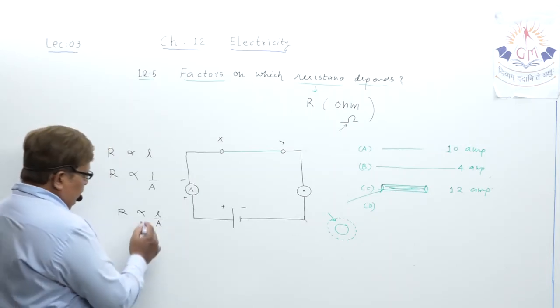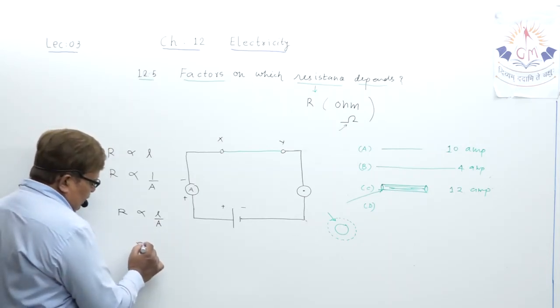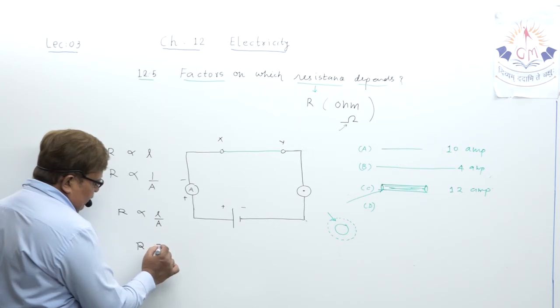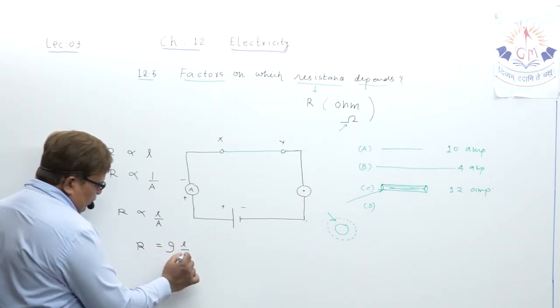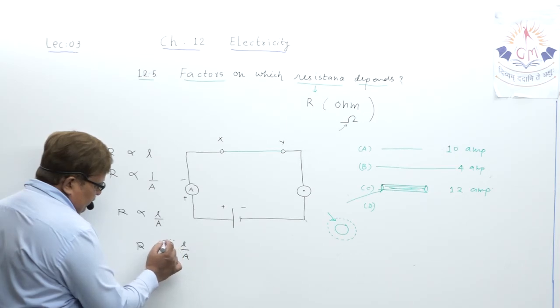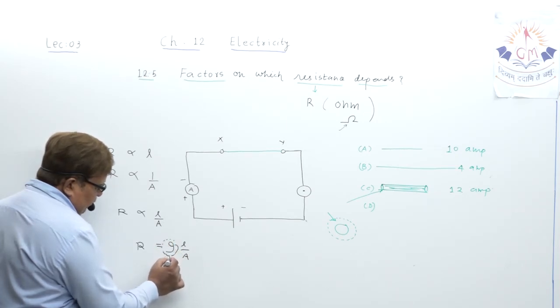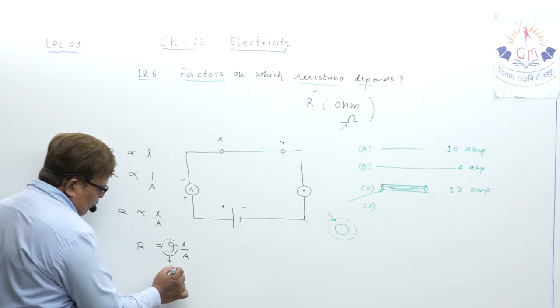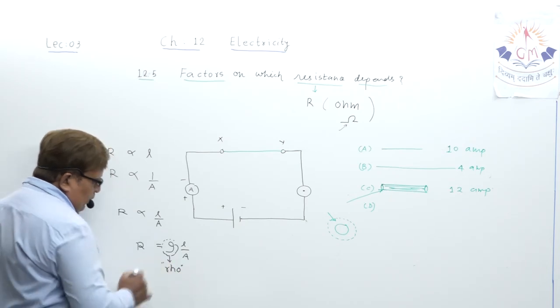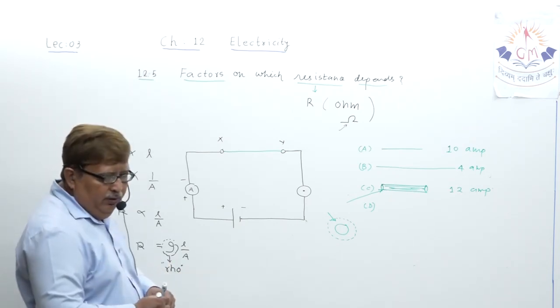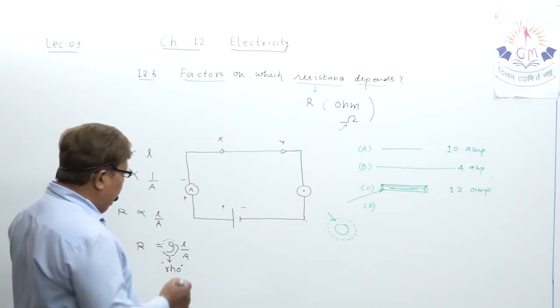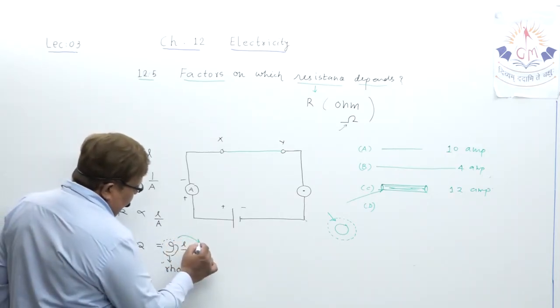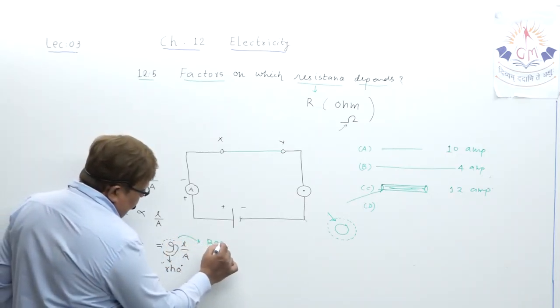If I want to remove the proportionality, I have to put one constant, R equal to rho L upon A. This constant which I am showing can be spoken as rho, and this symbol is called the resistivity constant. Understand?